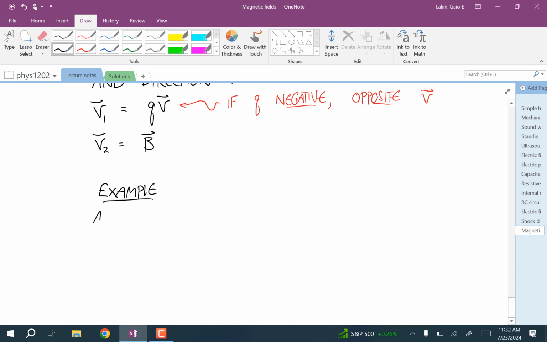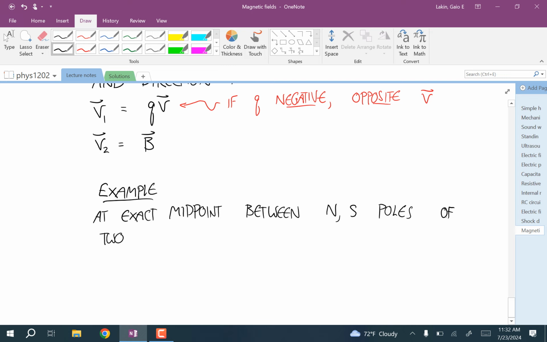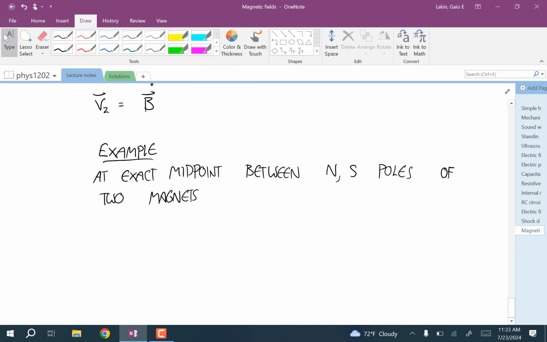Let's say that at the exact midpoint between north and south poles of two different magnets, an electron has a velocity of 5.0 times 10 to the 6th meters per second.